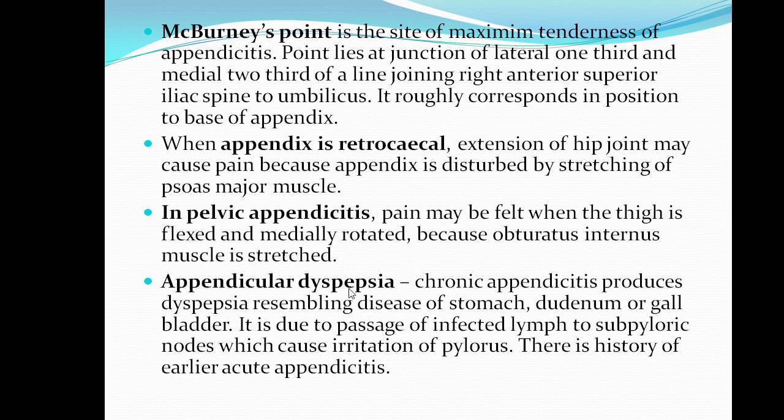Appendicular dyspepsia: chronic appendicitis produces dyspepsia resembling disease of the stomach, duodenum or gallbladder. It is due to the passage of infected lymph to the subpyloric nodes, which causes irritation of the pylorus. There is a history of earlier acute appendicitis.